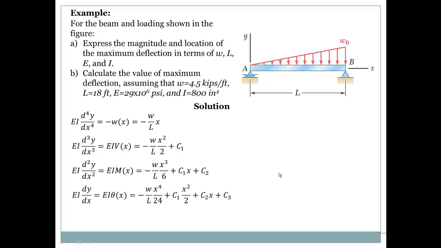One more integration, I'm going to get the slope or rotation, and I will add another constant of integration. And finally, if I want to get to the elastic curve, the equation where I can get the deflection, I'm going to get all of this. Now I have the fourth constant of integration.